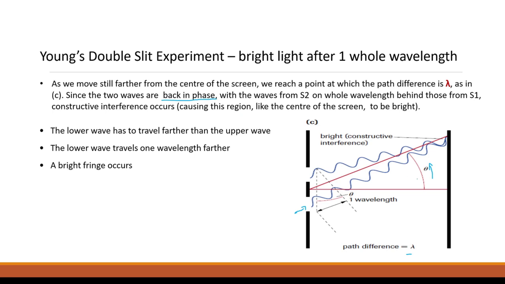And now we're back to constructive interference, because if this was our before, and we've just shifted it by a wavelength, now instead of this crest being lined up with this crest, it's just being lined up with this crest, but it's the same magnitude.